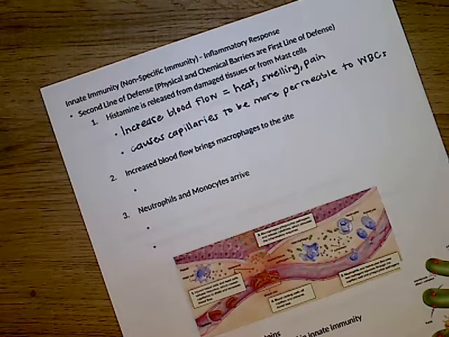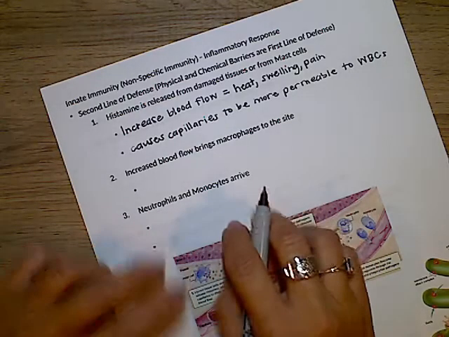That increased blood flow is going to bring macrophages to the site. And remember, macrophage means big eater. So these are going to engulf or eat the invaders.